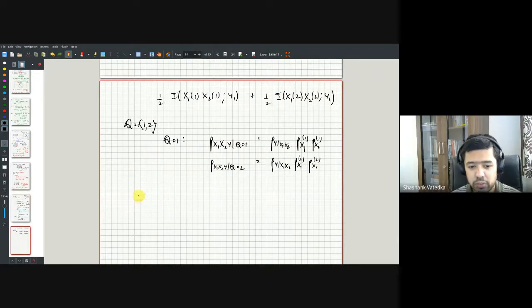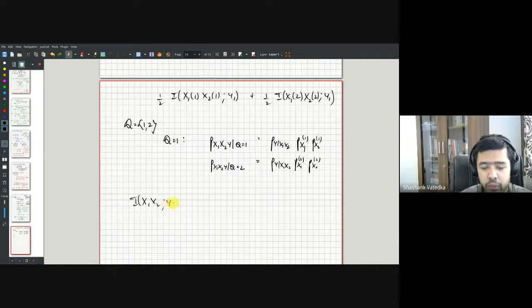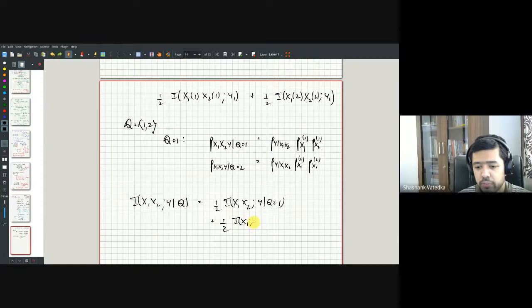The mutual information between X1, X2, and Y given Q is basically half I of X1, X2, Y given Q equal to 1, plus half the mutual information between X1, X2, and Y given Q equal to 2.